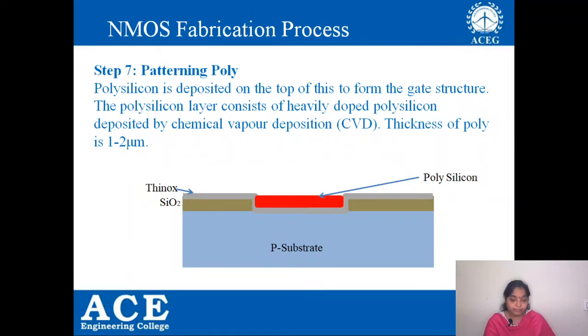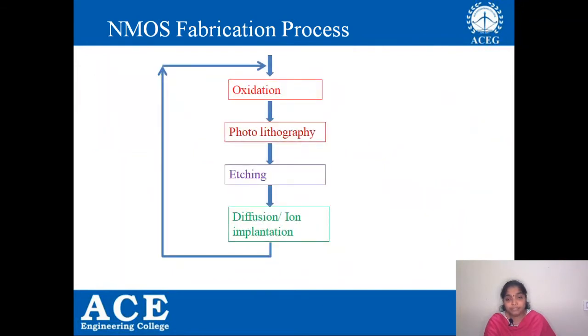This polysilicon is heavily doped with P, because we are going to have an NMOS transistor here. It is already heavily doped with P, then it is patterned using chemical vapor deposition.